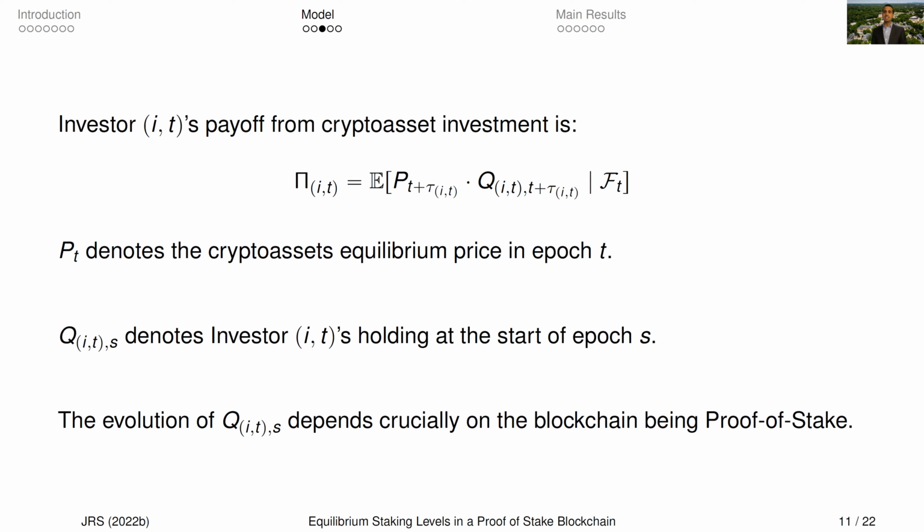The idea that you would take a conditional expectation over your payoff is not specific to proof of stake blockchains, and the fact that your payoff is going to be the price times the quantity is also not specific to proof of stake blockchains. So crucially, where proof of stake plays a role is in the evolution of that quantity. Proof of stake is going to affect how your holding is going to evolve over time.